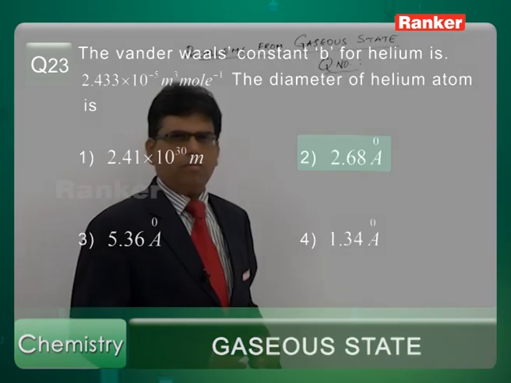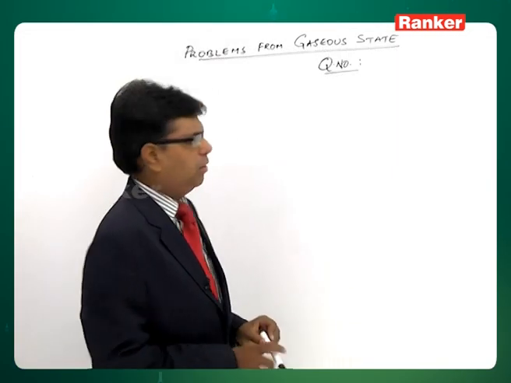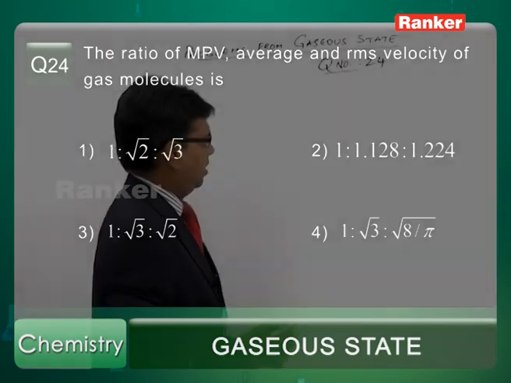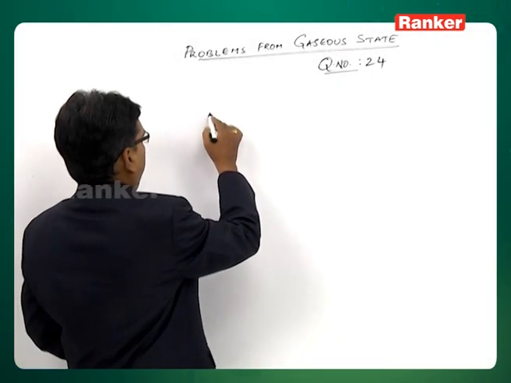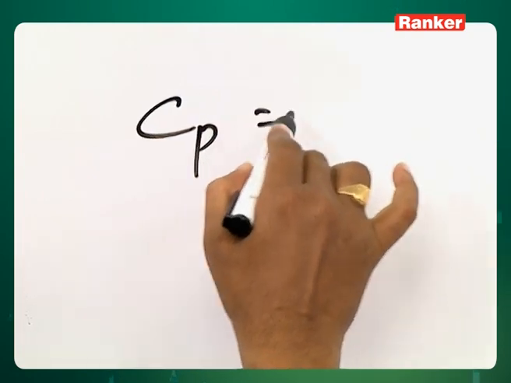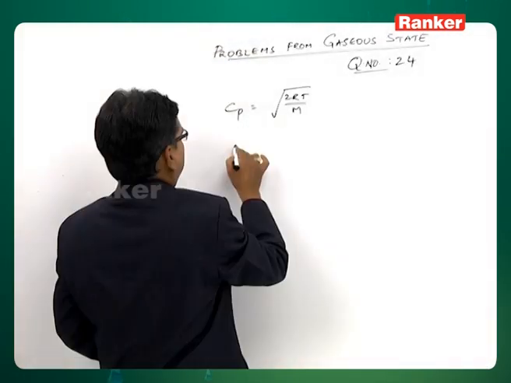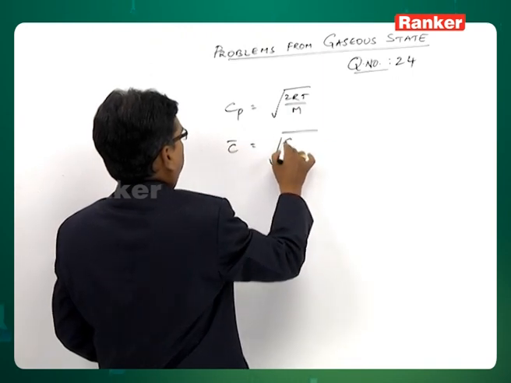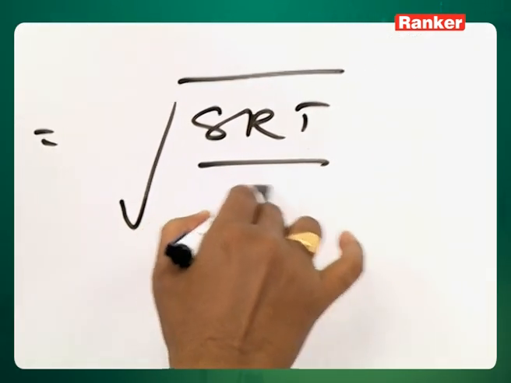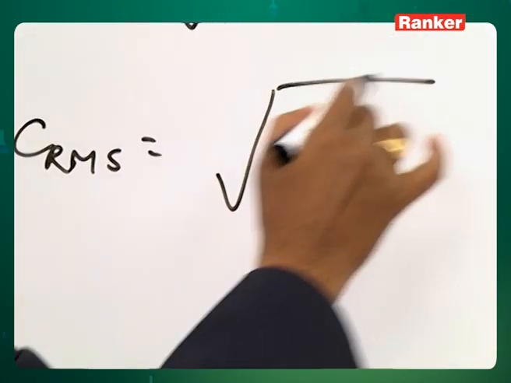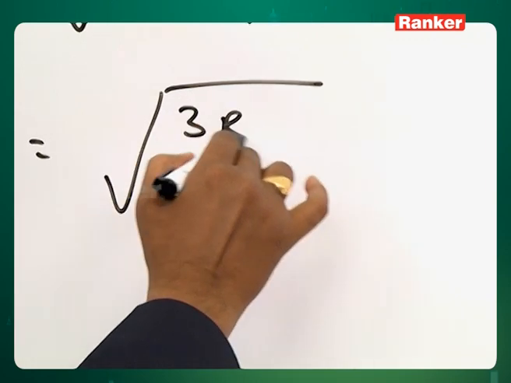Okay. Now, we go to question number 24. The question is the ratio of most probable velocity, average and RMS velocity of gas molecules. It is a simple direct question on the formula. Cp is equal to under root 2RT by m, C bar is equal to under root 8RT by pi m, and C RMS is equal to under root 3RT by m.